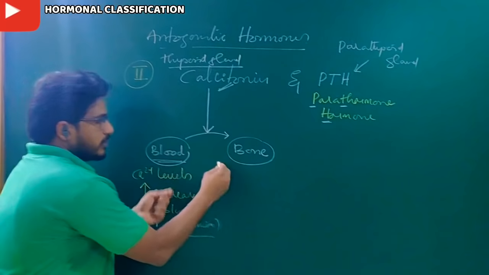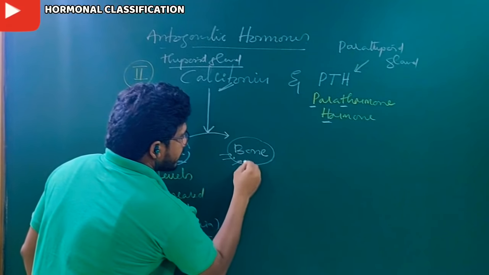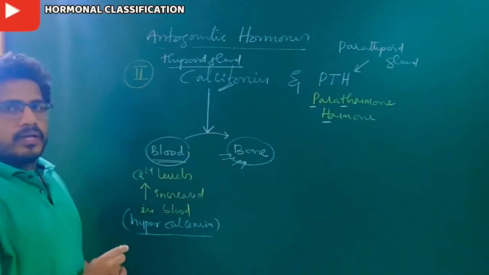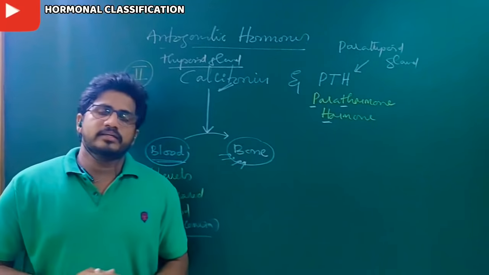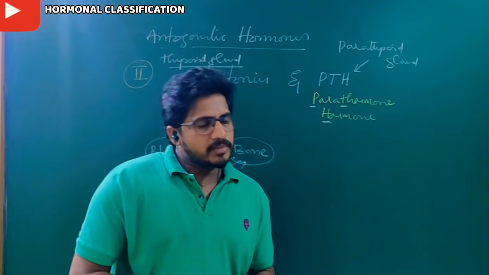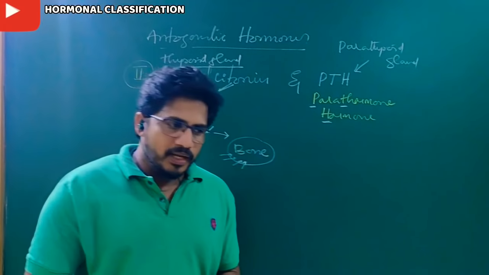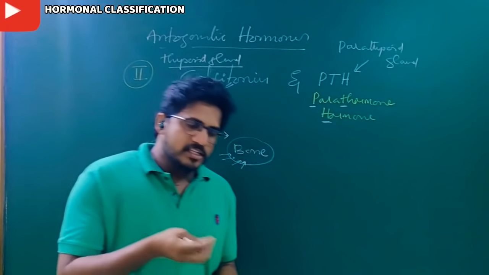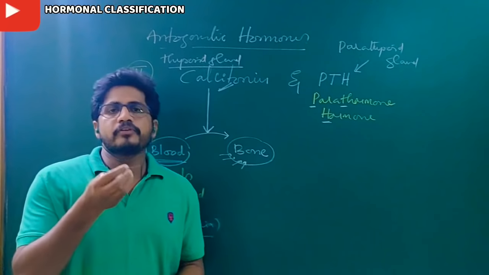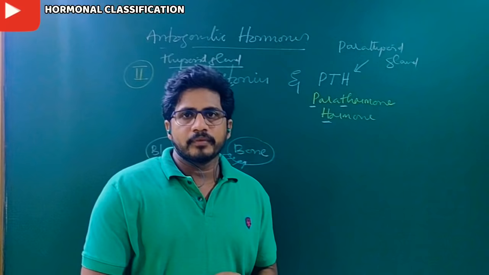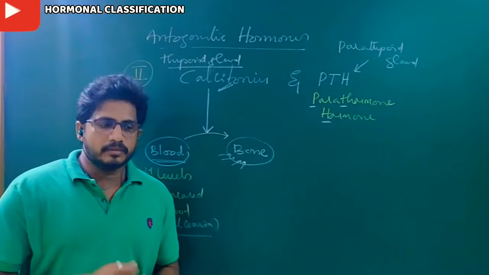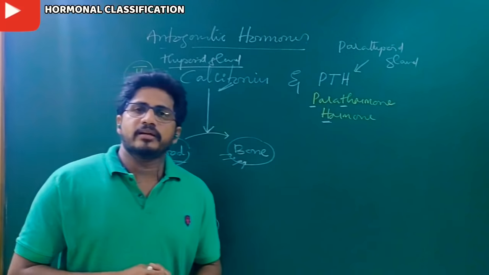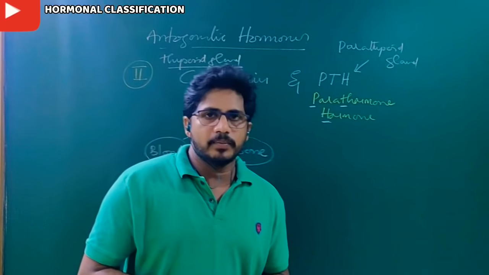Then what will happen? In the bone, calcium will be increased. One day, if suddenly the calcium levels in the blood decrease, why? What is the reason? Maybe calcium-rich food is not being supplied to the body. Green leaves, milk, egg are the things where calcium is sufficiently available.